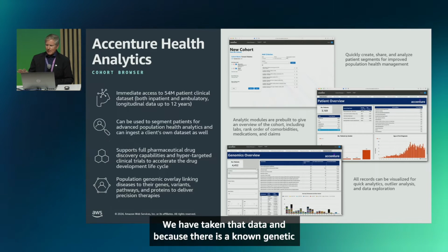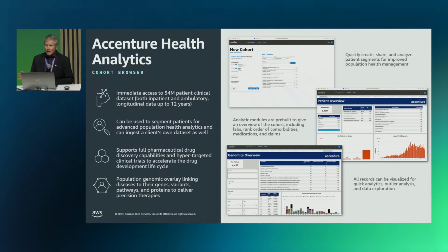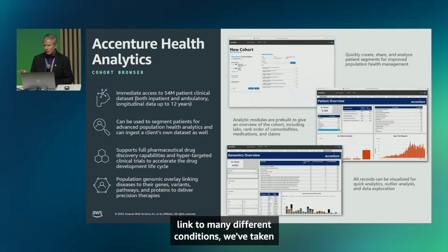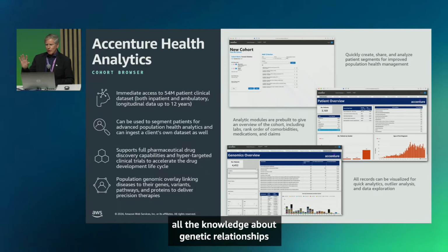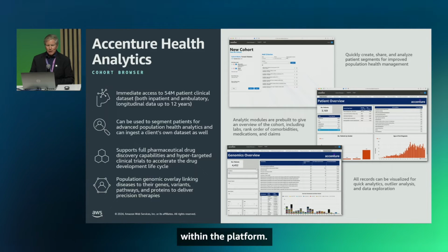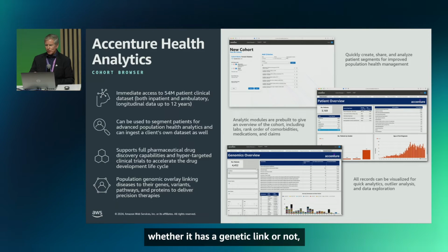We have taken that data, and because there is a known genetic link to many different conditions, we've taken all the knowledge about genetic relationships between diseases and applied that to those conditions within the platform. So now you can see for any condition, whether it has a genetic link or not.